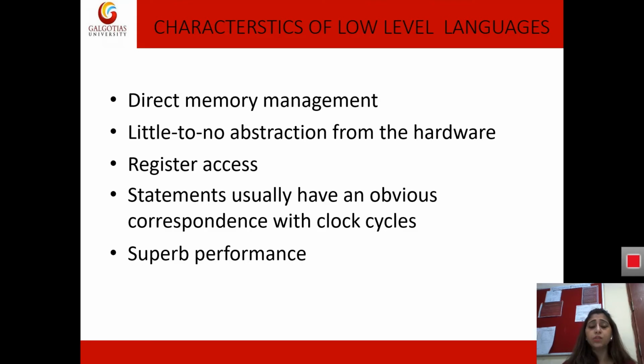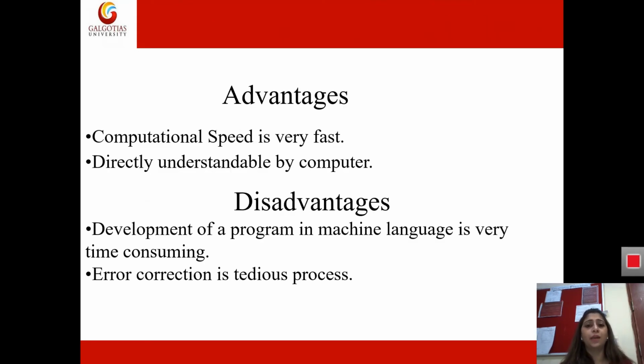Okay, so these are some of the characteristics of low level language, and these are some of the advantages and disadvantages. First, computational speed is very high. The speed is high only because it doesn't require any kind of translation for the computer, and it is directly understandable by the computer. Some of the disadvantages: finding an error in a low level language or machine language program is a very tedious task.